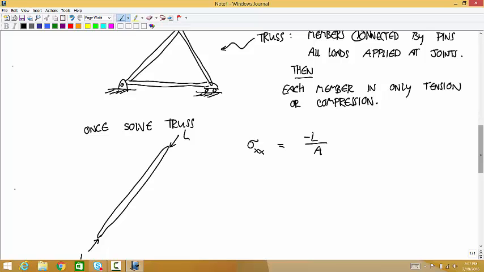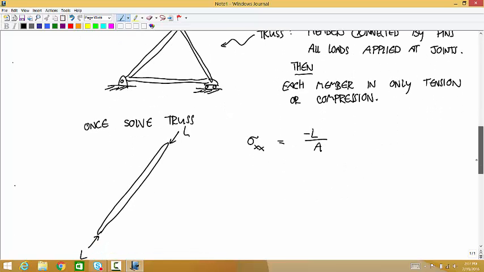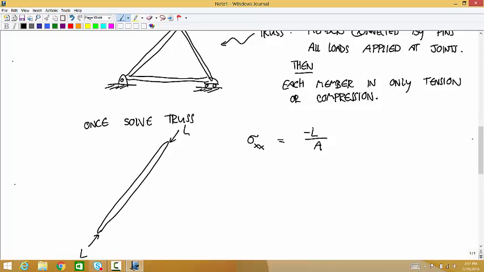And here's the reason that this is true: each member is a two-force member. The only loads on it are a force at one pin and a force at the other pin.